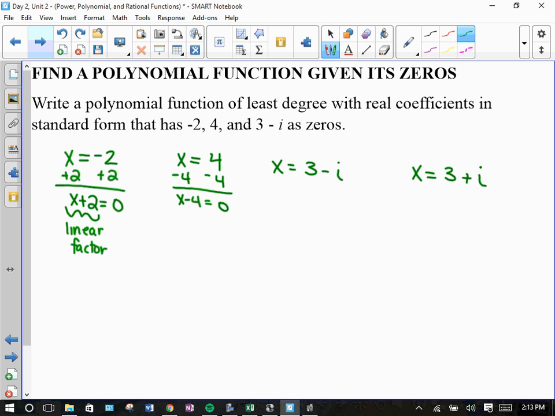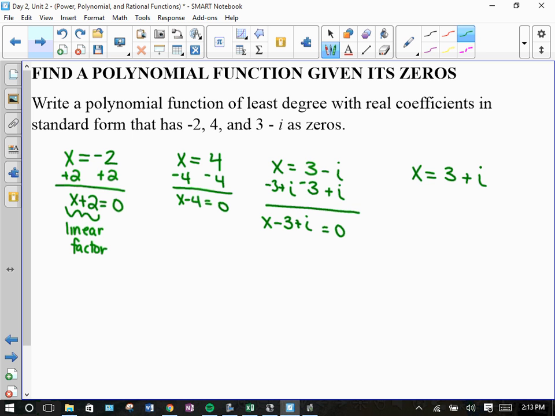The imaginary zeros get a little bit more fun. For x equals 3 minus i, I'm going to subtract 3 and add i on both sides. So I get x minus 3 plus i equals 0.